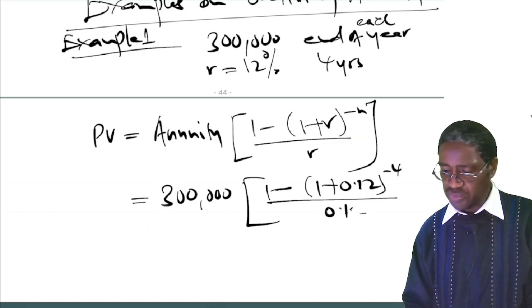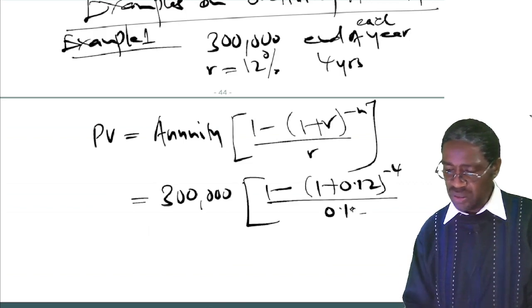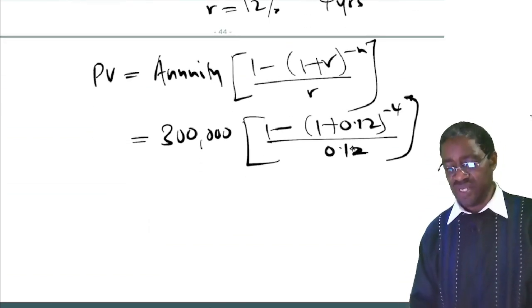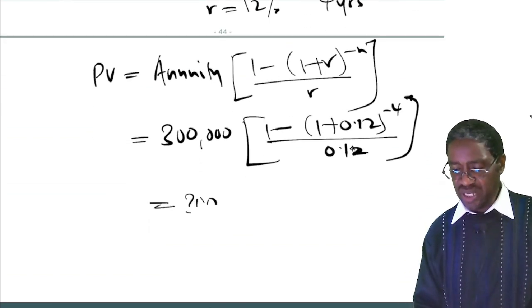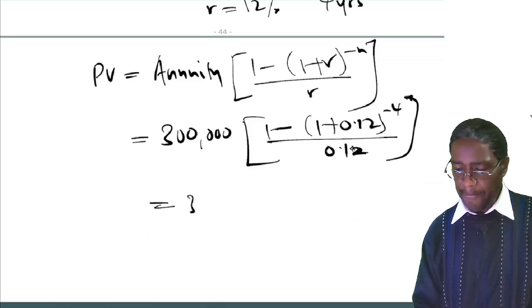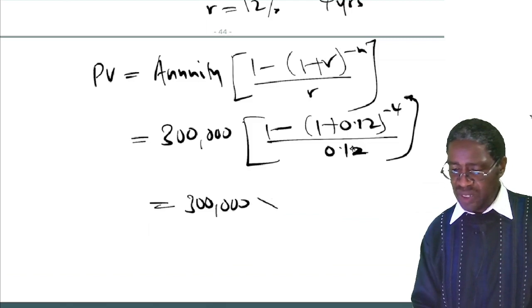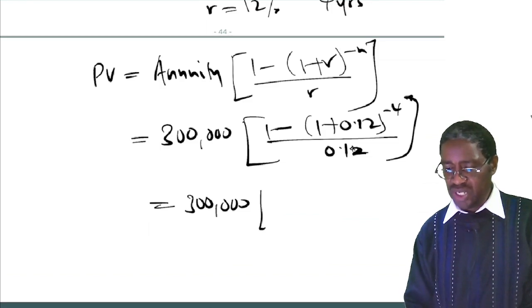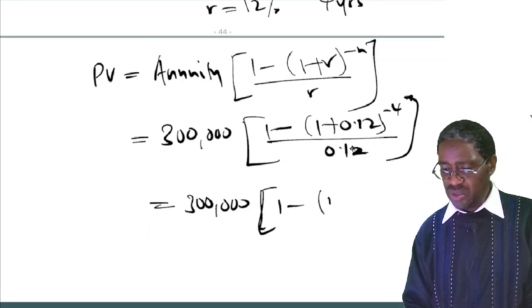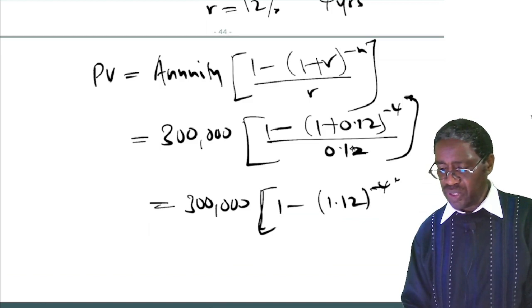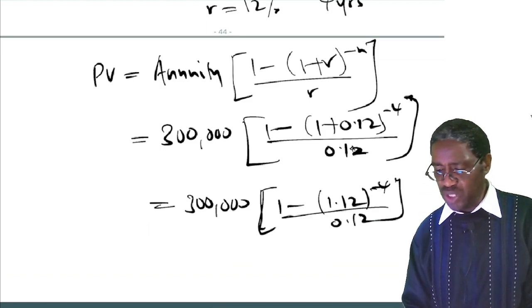So let's first get the discounting factor. Let me start by simplifying: 300,000 into 1 minus 1.12 to the power of negative 4, everything divided by 0.12.